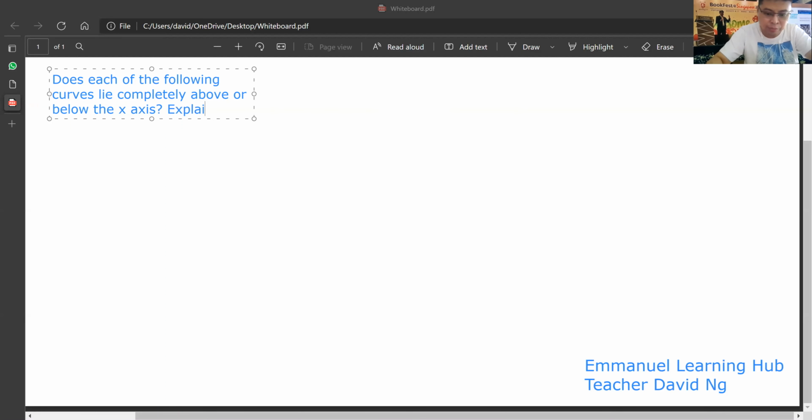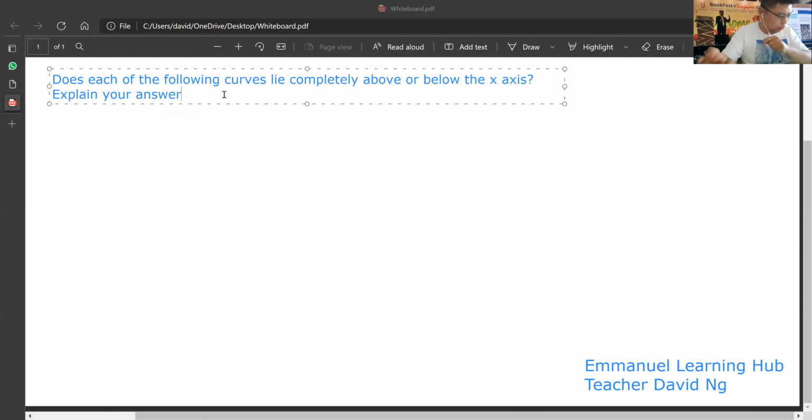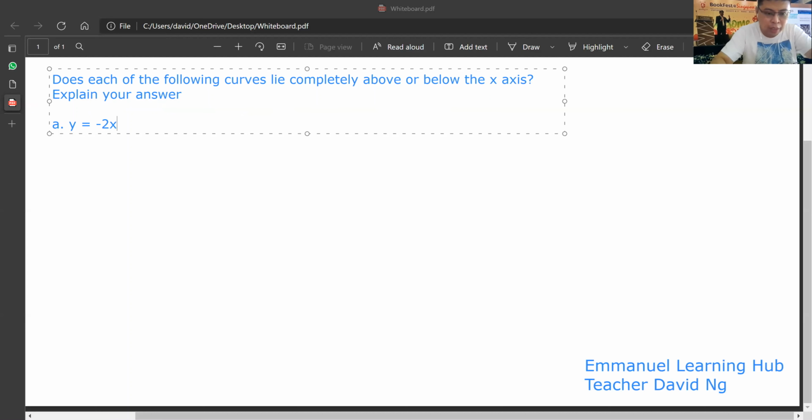Explain your answer. So what is the curve? y equals minus 2x squared minus 12x minus 20.